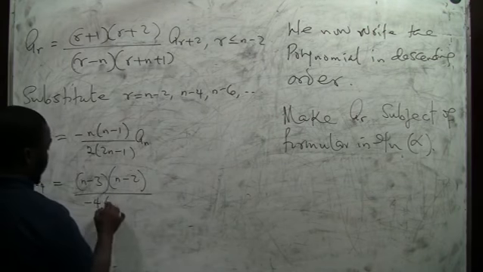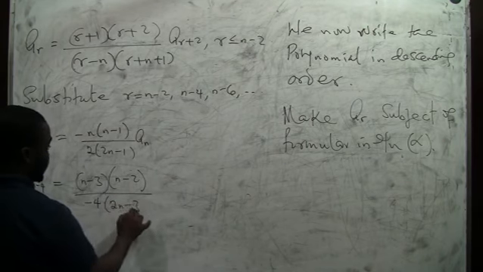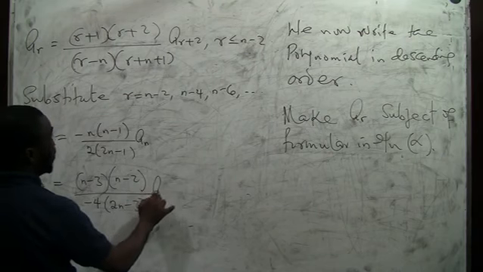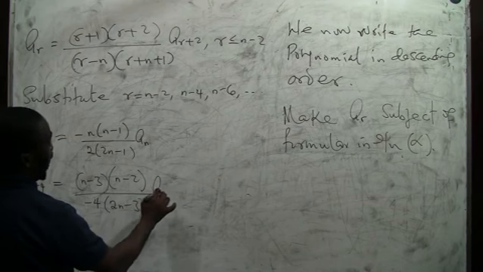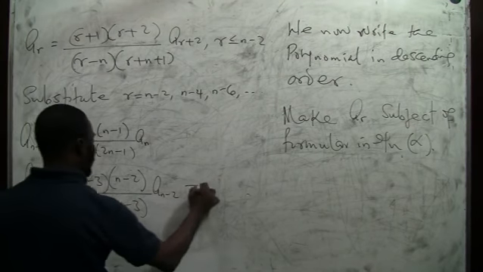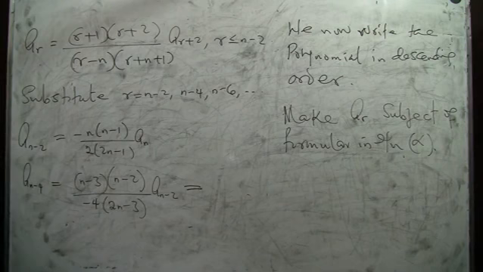We are going to have (2n minus 3), and that's going to be A_{n-2}.